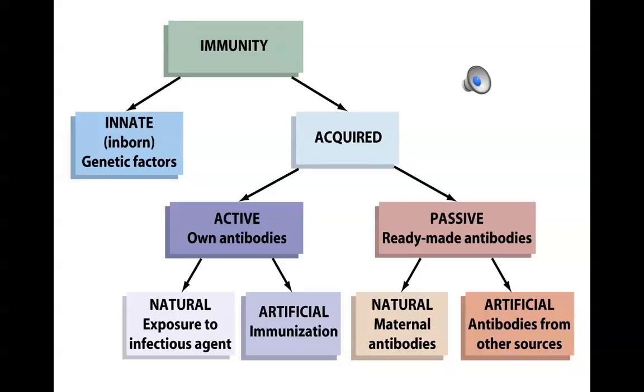Active acquired immunity can become natural or artificial. Natural active immunity, remember, means our own body, our own T and B lymphocytes, are providing the response. For natural active immunity, we accidentally get exposed to an infectious agent. Oops, we got sick.